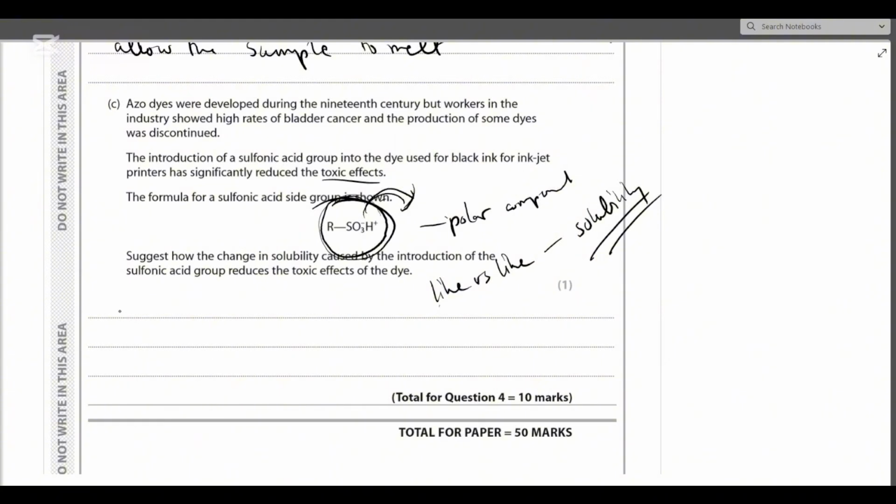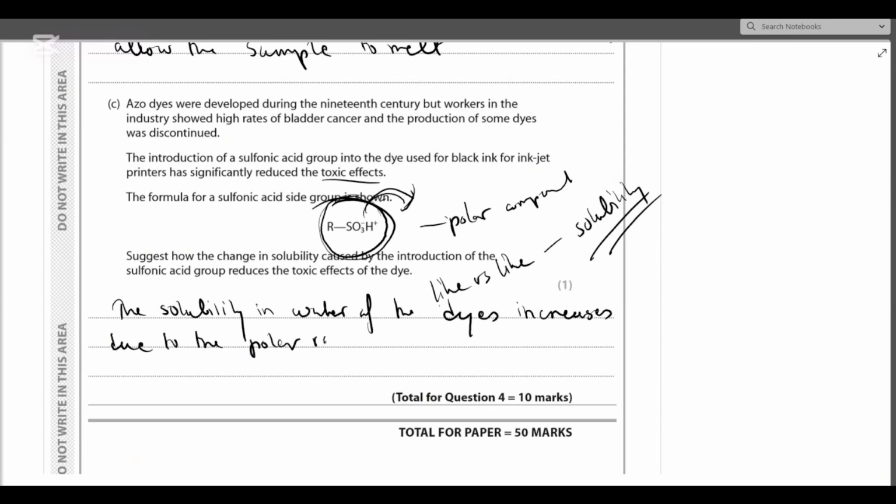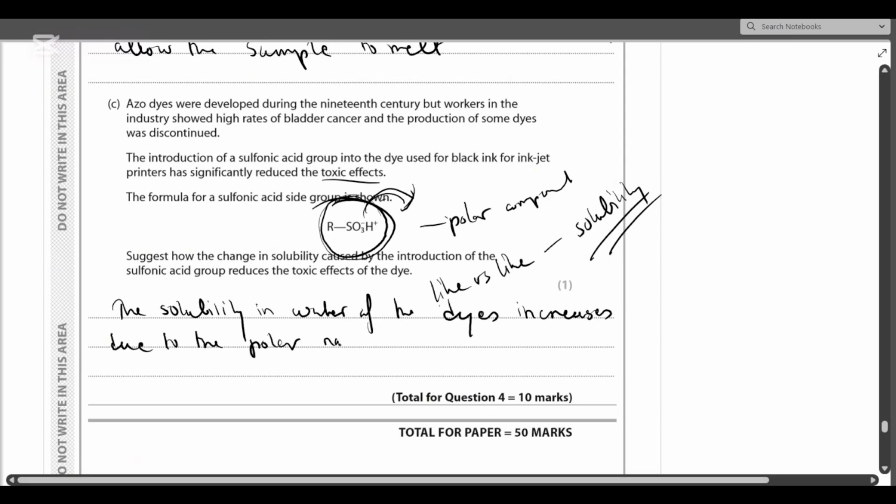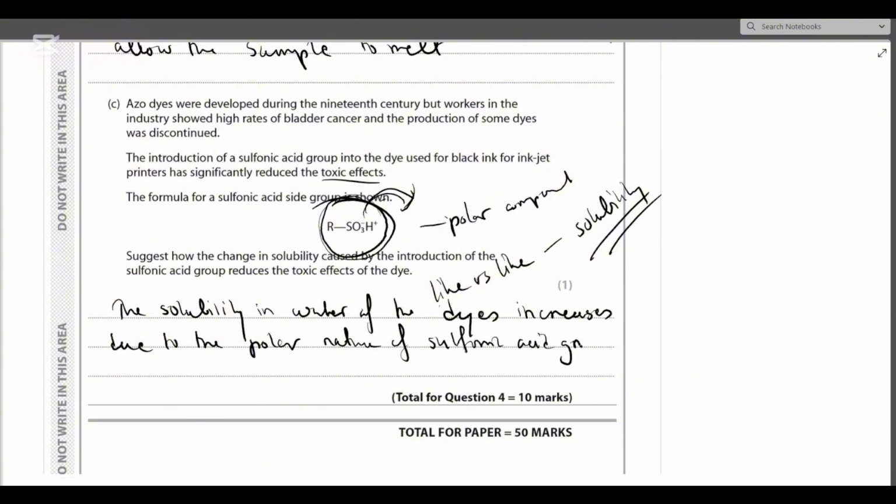Okay, so we can just write it down: the solubility in water of the dyes increases due to the polar nature of the sulfonic acid group.